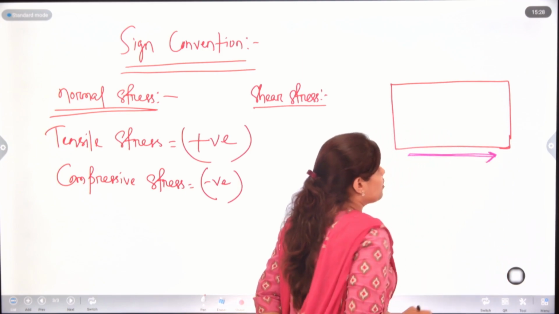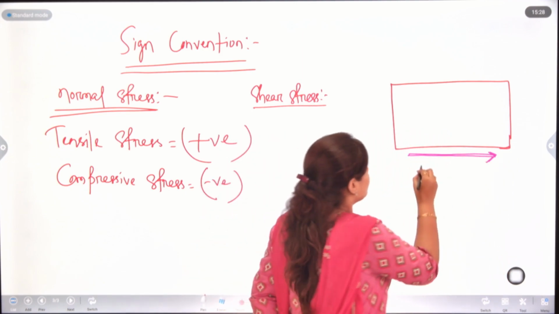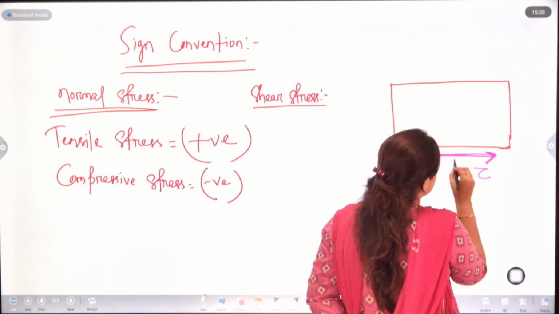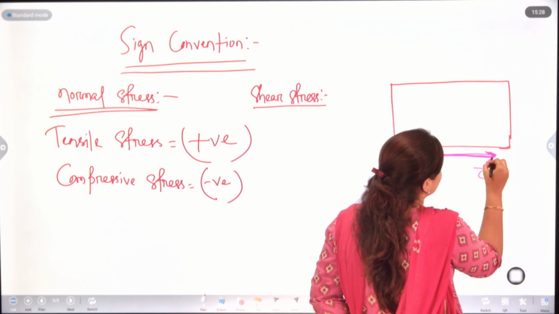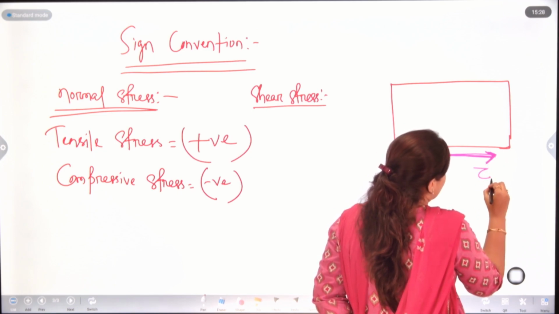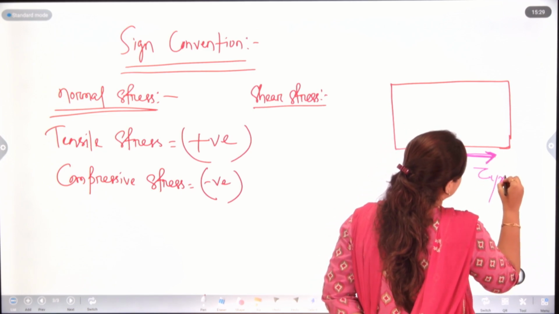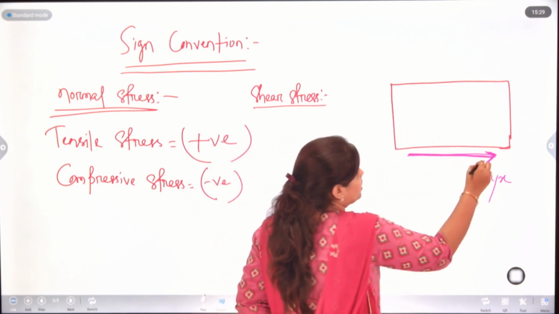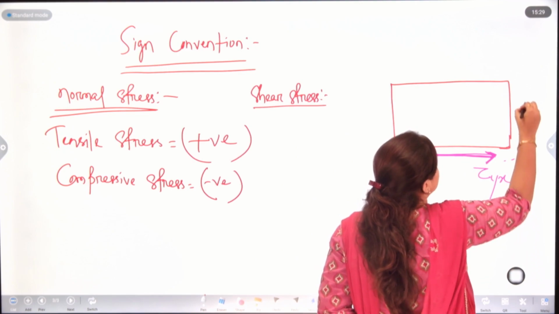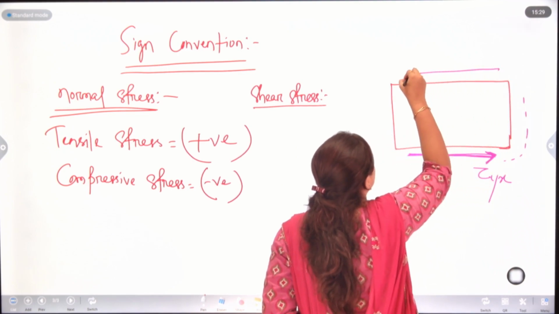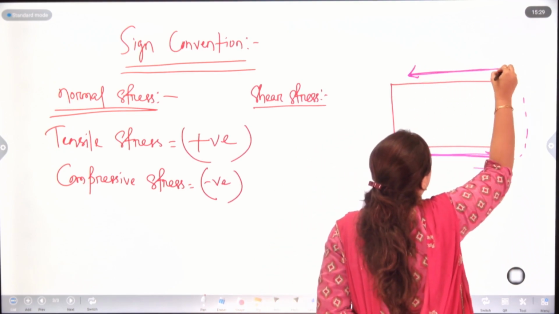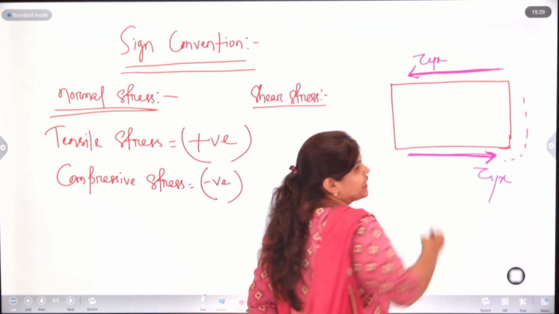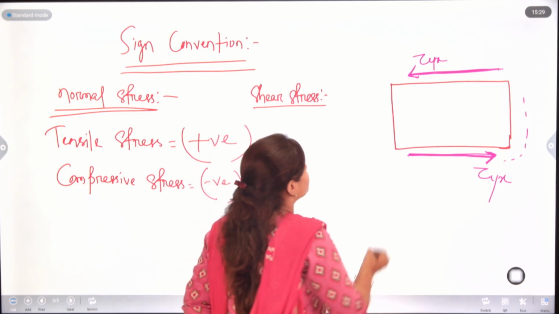If one shear stress is acting, we name it as it is in the y plane and x direction, so it will be our tau yx. The direction is going like this. Another one will also be tau yx, but in the opposite direction, right.